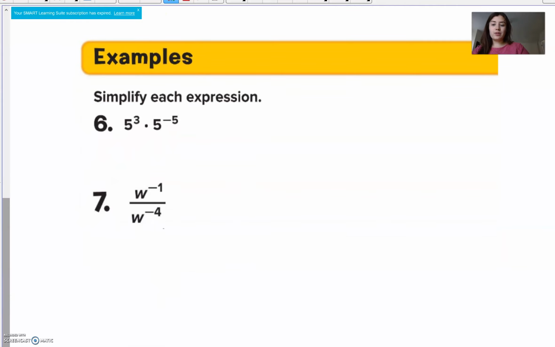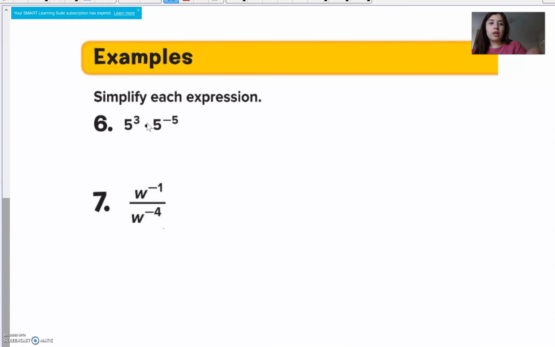We have our last 2 examples. I'm trying to keep our videos short. Feel free to pause it and re-listen. But we're just multiplying 5 to the 3rd times 5 to the negative 5th power. So what we're doing here is referring back to lesson 2 or 3, where we are multiplying our monomials and exponents.